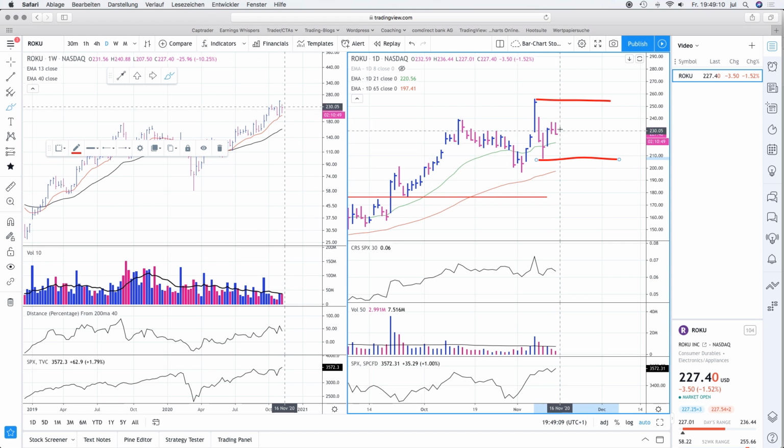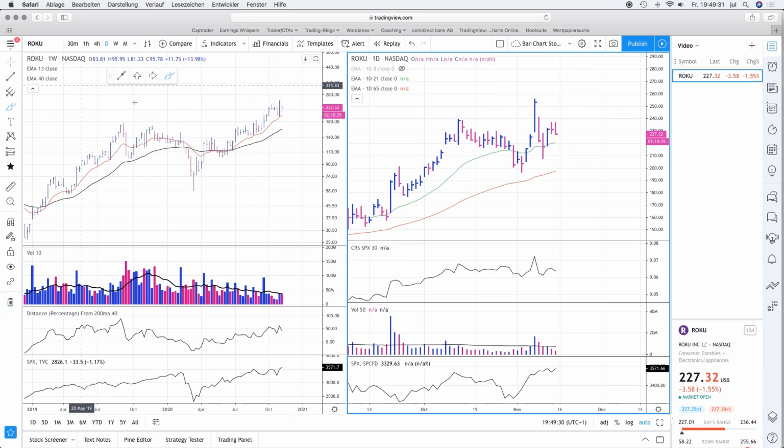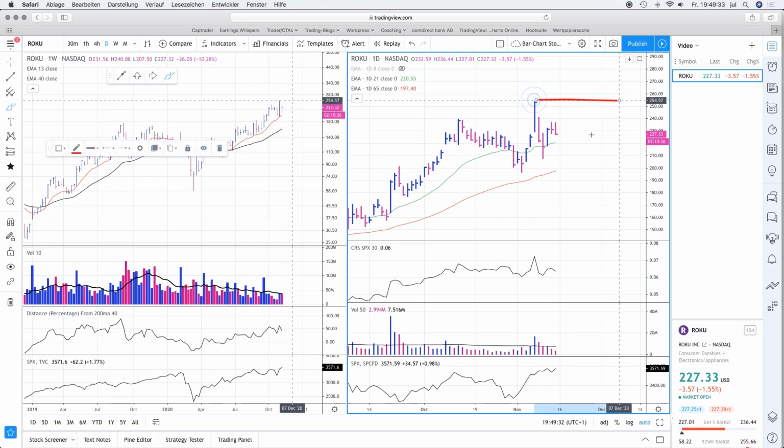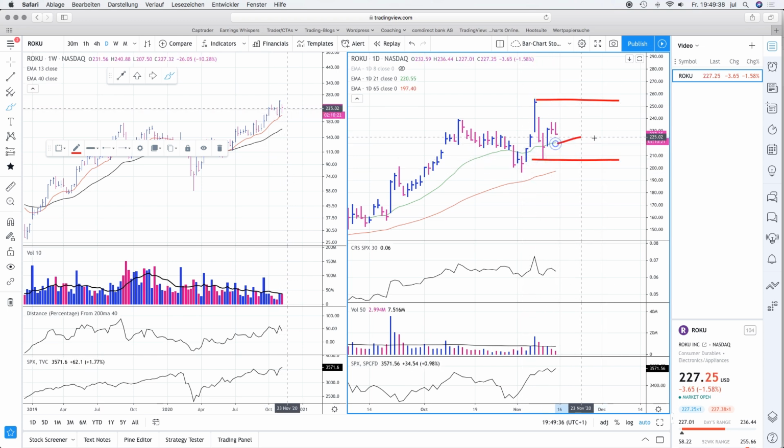And I always expect that the price is going sideways here, and I only want to add to my position when the stock is breaking out to new highs and shows me that there is enough demand and enough strength to go up again. When I look now at Roku, I always observe this high and this low and the EMA 21, because I want to see that it holds.